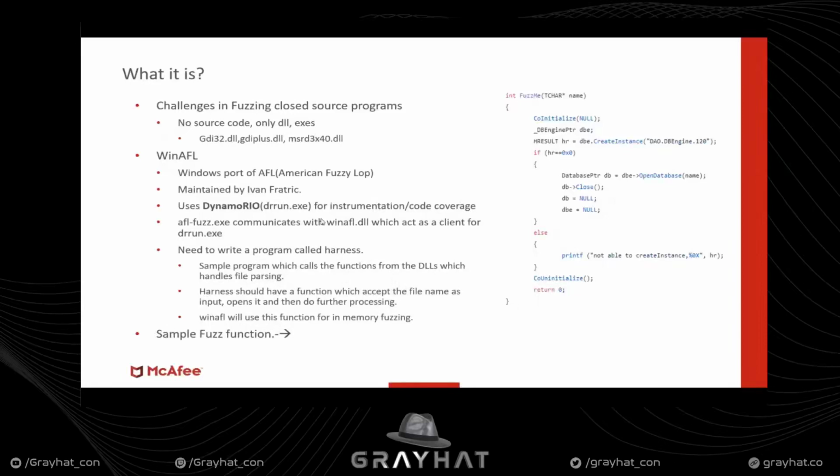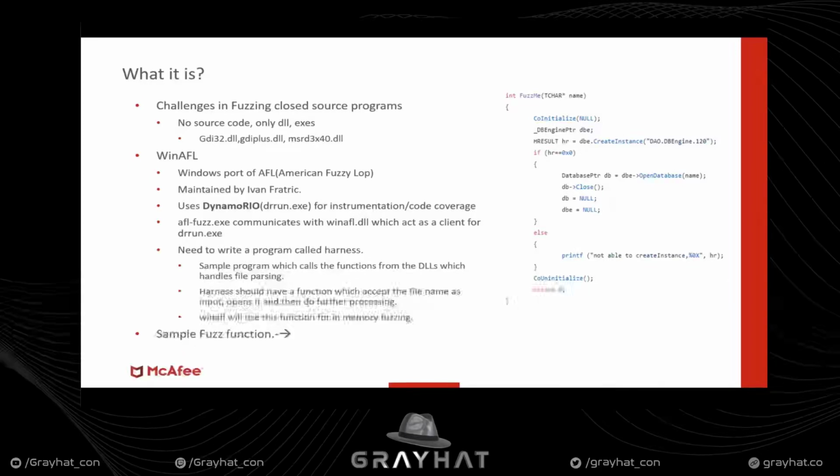So WinAFL is actually a Windows port of AFL, and it is maintained by Ivan Fratric, who works at Google Project Zero. WinAFL uses DynamoRIO for runtime instrumentation and code coverage. And as we have seen in part 2, there is a main fuzzing process, that is afl-fuzz.